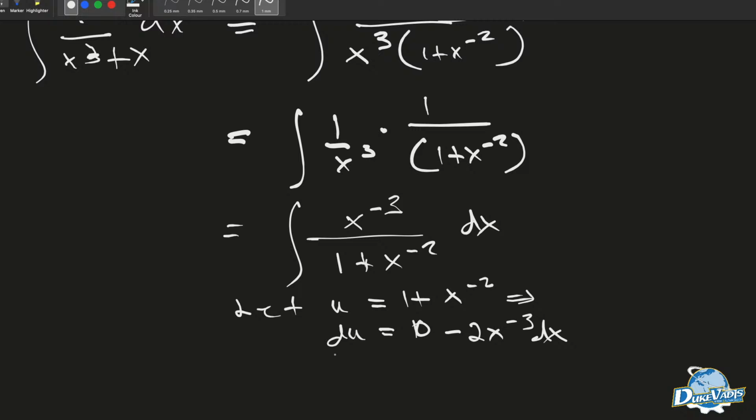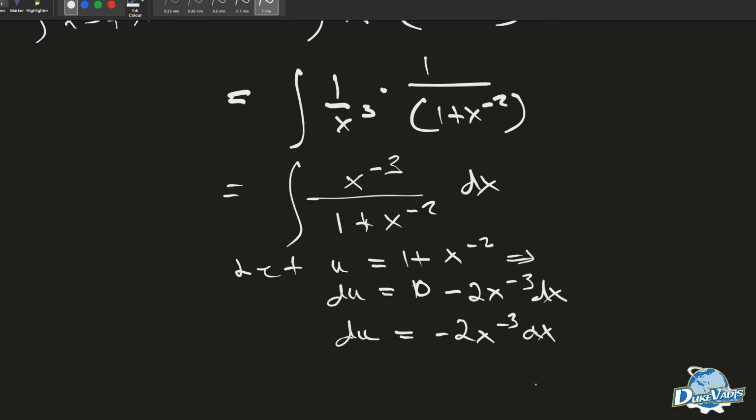So 0 minus that, we get du is equal to negative 2x negative 3 dx. Beautiful. Why don't we make dx the subject so that we can substitute back into the equation? So we say du over negative 2x cubed is equal to dx.